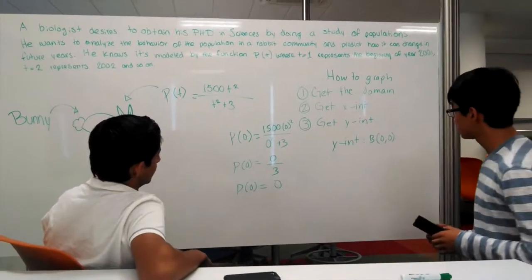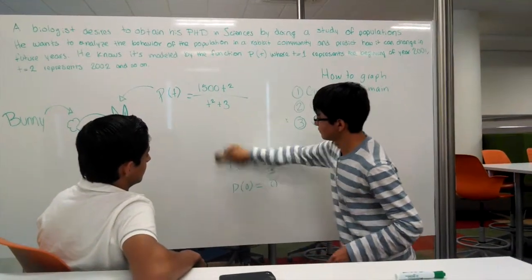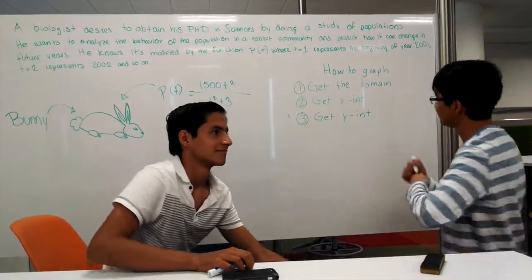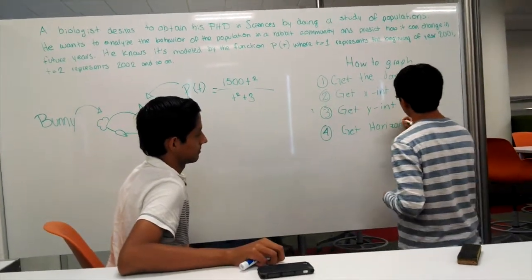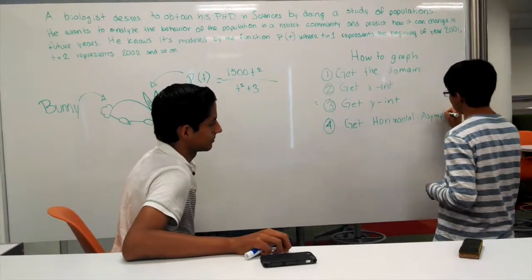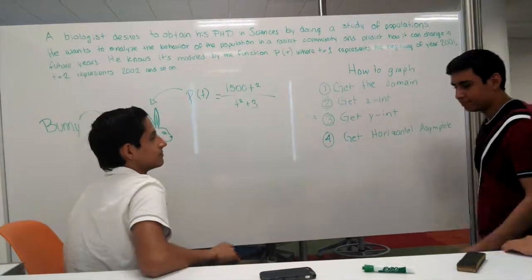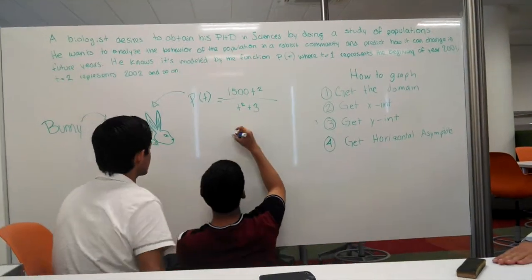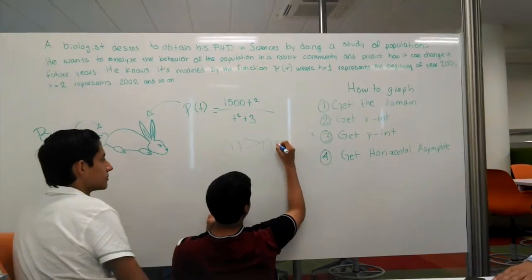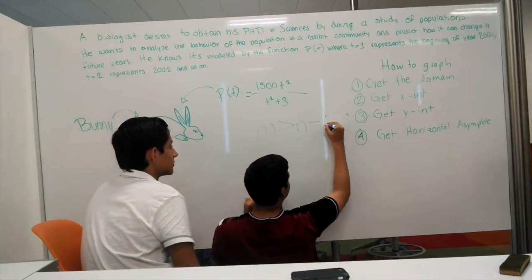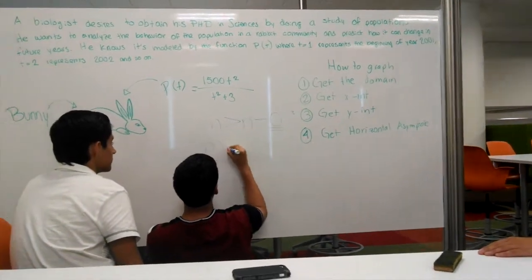To get the asymptotes, but they didn't know how to get them, so they called another friend. He explained that when m is bigger than n, the horizontal asymptote is equal to 0.